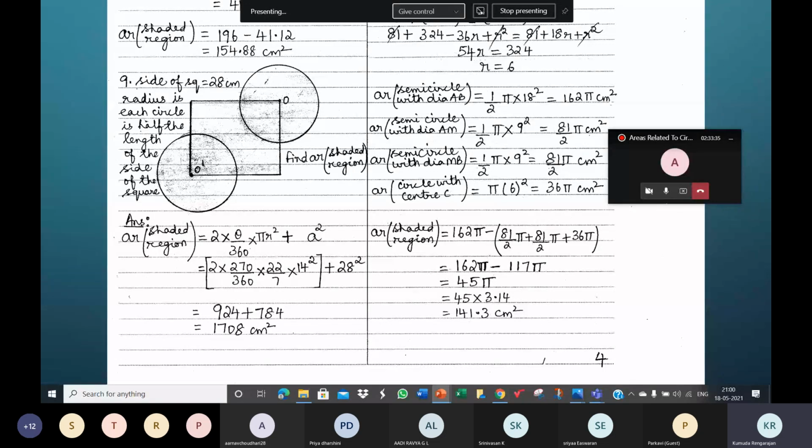Pi r by 2 is the length of the arc in a quadrant. So pi r by 2 plus r will be the perimeter of the quadrant, which is equal to 25. On working this, you get radius is 7 centimeters, and then the area of the quadrant is 1/4 of pi r square, which is 38.5 centimeters square.